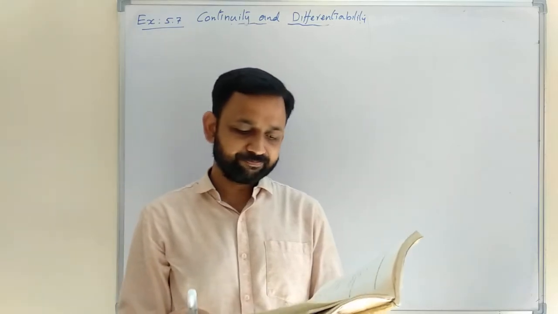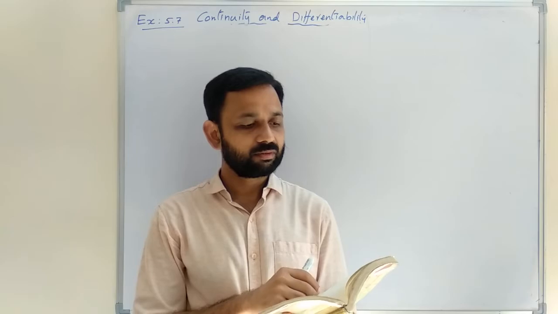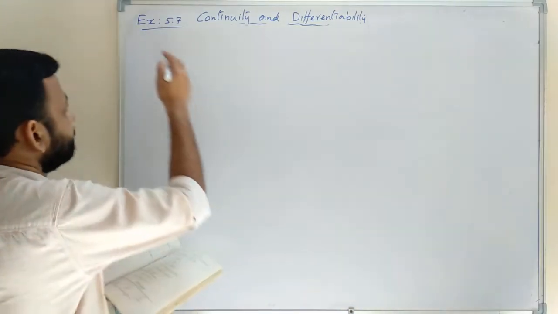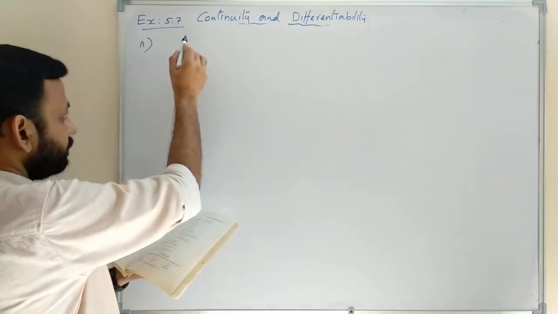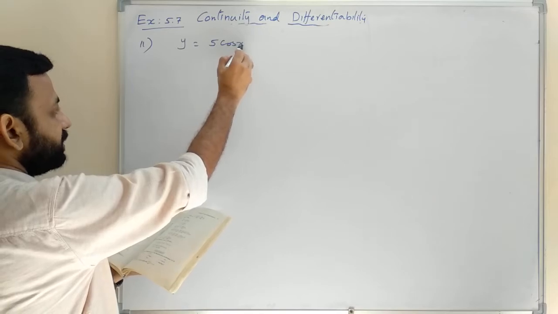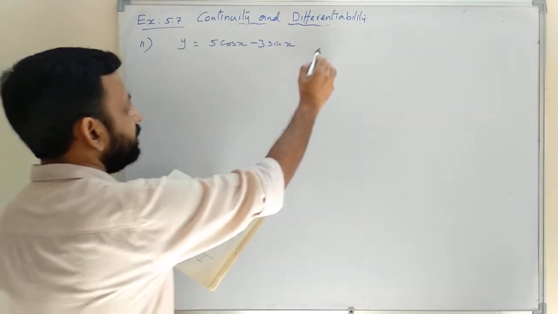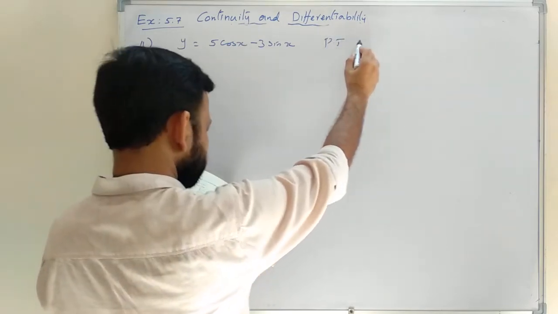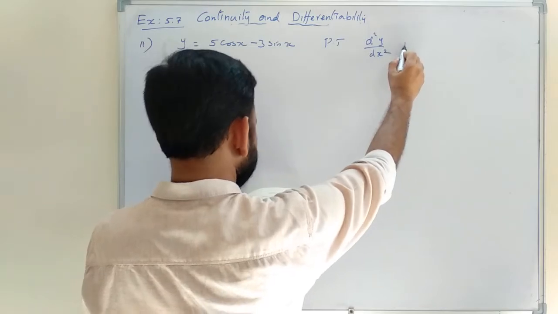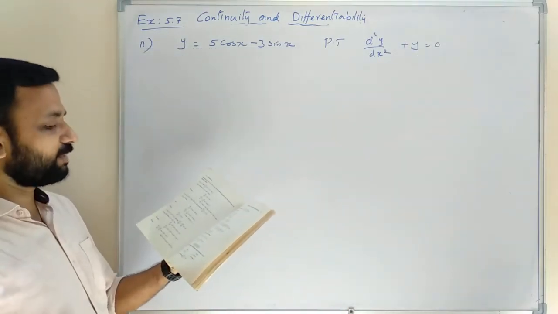Now we will do question number 11. If y is equal to 5 cos x minus 3 sin x, prove that d square y by dx square plus y equal to 0. y is equal to 5 cos x minus 3 sin x.